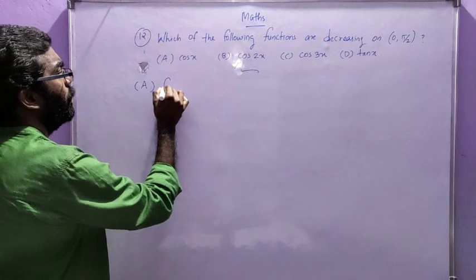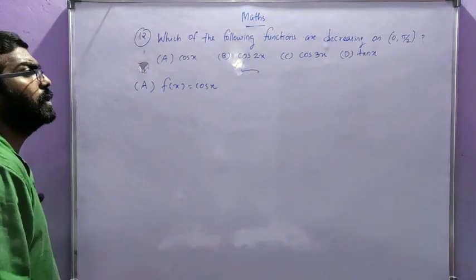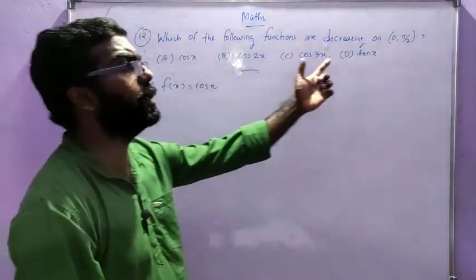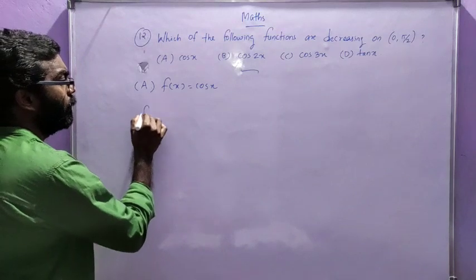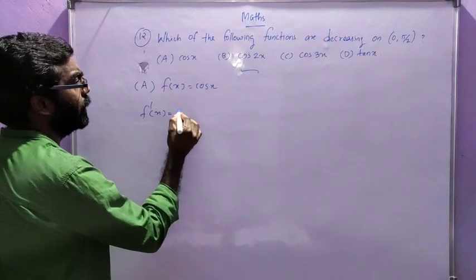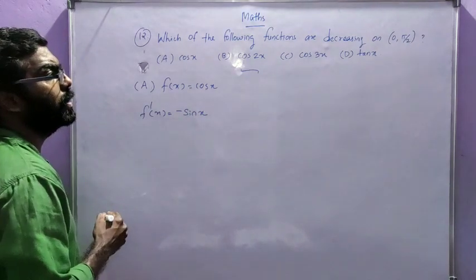Take the first one. F of x is equal to cos x. We have to check whether the function is decreasing on open interval 0 comma pi by 2. So we can find f dash of x. F dash of x is equal to what? Minus sin x. Cos x derivative is minus sin x.